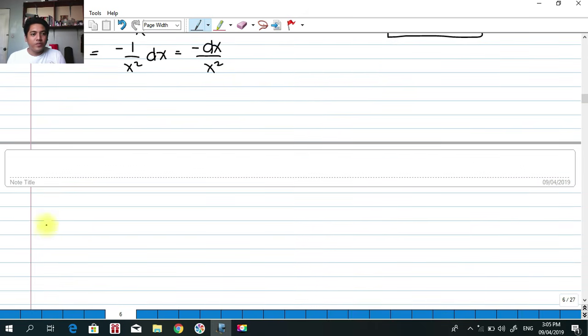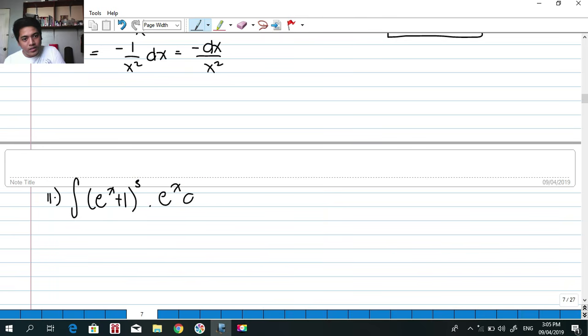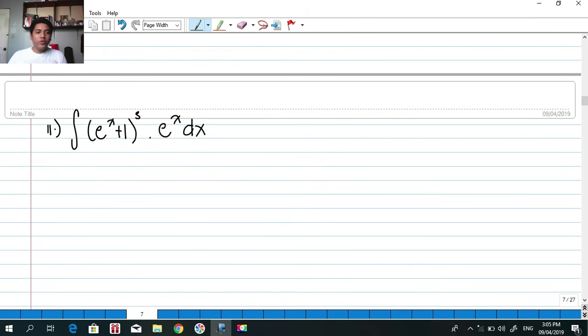Okay. So for number 11, let's try to solve the integral of e raised to x plus 1, cubed, multiplied by e raised to x dx. What we are going to do here is still u substitution.